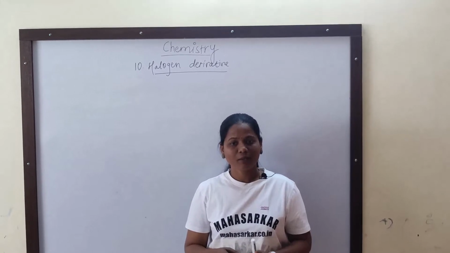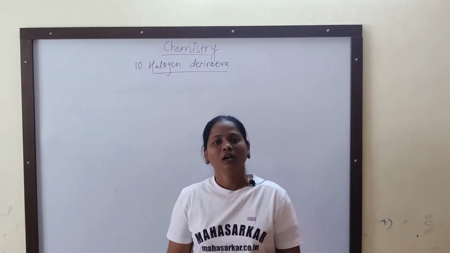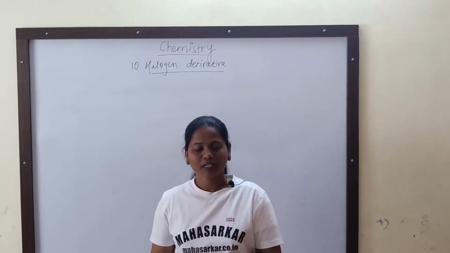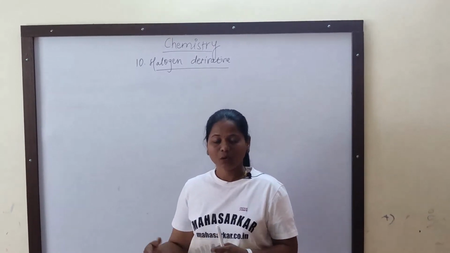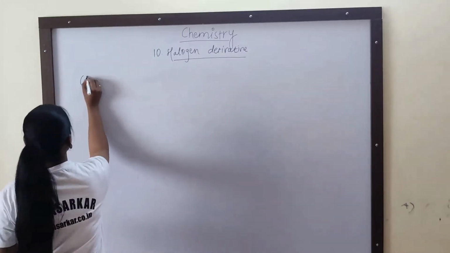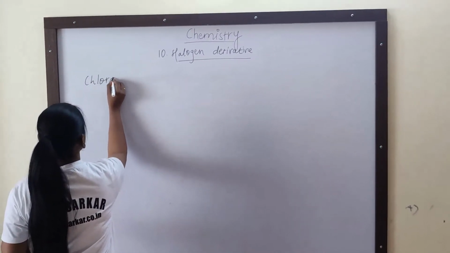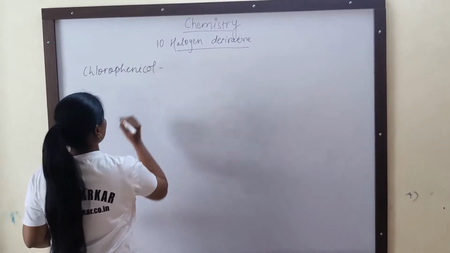Now, which compounds can be used for medicine, which as a refrigerant, and which as a propellant? That we will see first, and then we will go into detail with the halogen derivative. The first one is chloramphenicol.